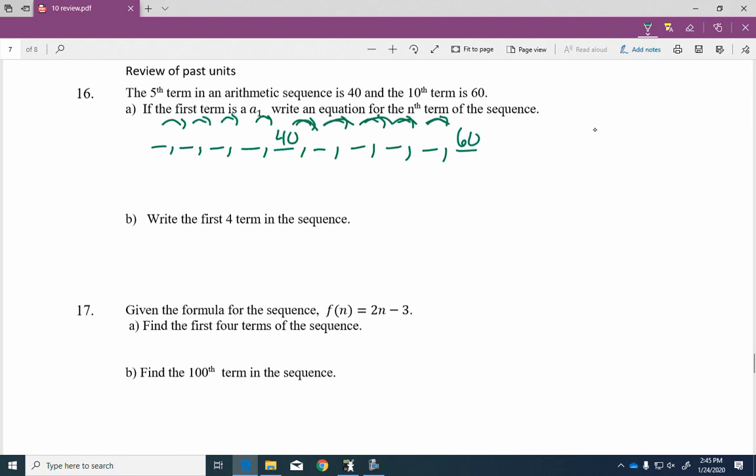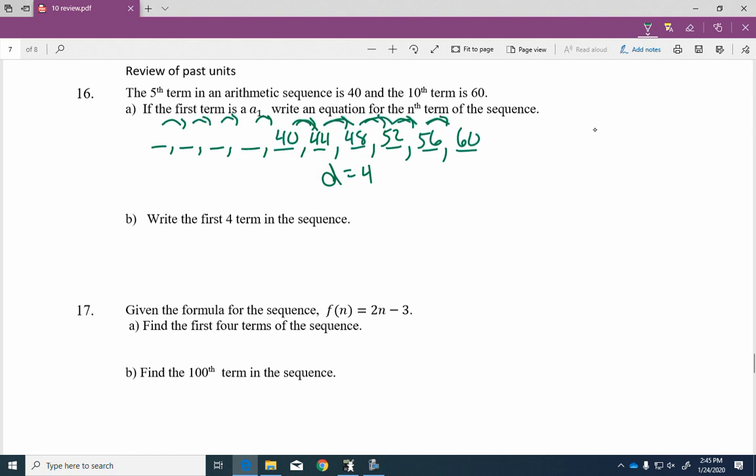That means I must have added on a 4, because 4 times 5 is 20. So this must be a 44, 48, 52, 56, and if I add on 4 more, I do get to the 60. So the common difference is 4. I just figured out I add on 4 each time.